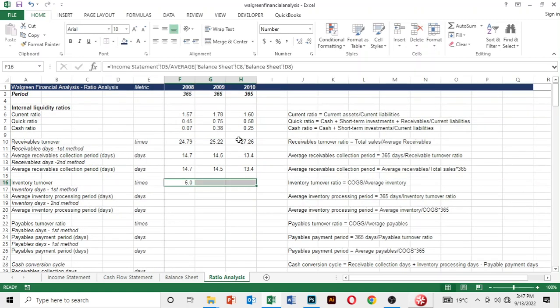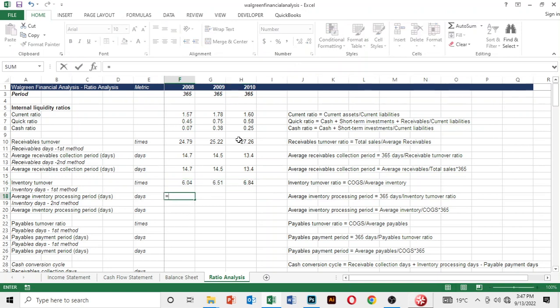Right. So now we just need to make that to decimal place, and then let's calculate the average inventory period, divided by turnover there, which is perfect. And then let's use the method that we love.